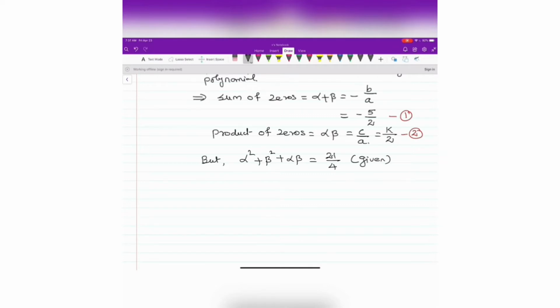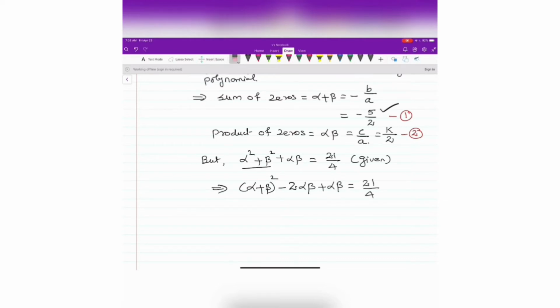You know that alpha square plus beta square can be written as alpha plus beta the whole square minus 2 alpha beta. We have done questions based on this. So, I can write this as, this implies alpha plus beta the whole square minus 2 alpha beta, then plus alpha beta is equal to 21 by 4.